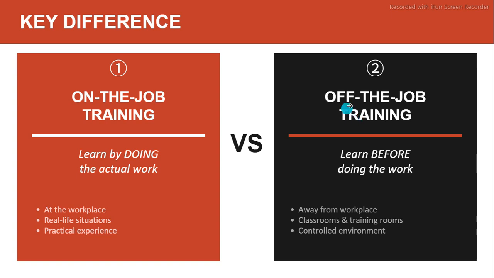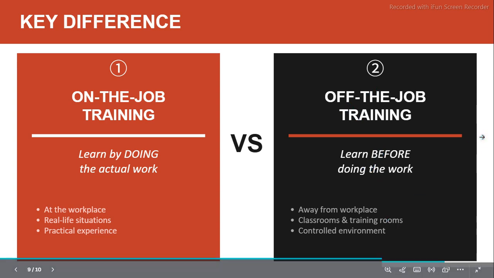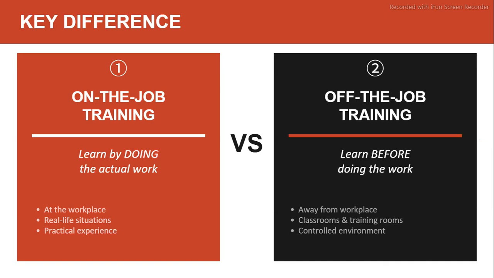When we talk about off the job training methods, that means learning before doing the actual work, away from the workplace, in classroom or training room activities, or a controlled environment. You do not go into that particular environment, but even then you have to learn what to do and what not to do in those scenarios.